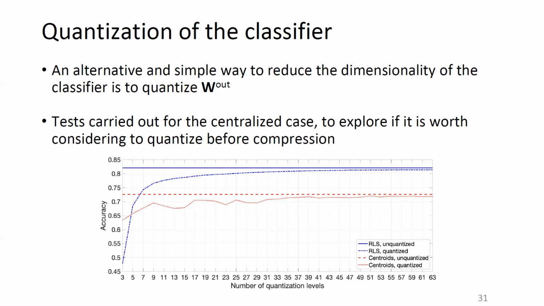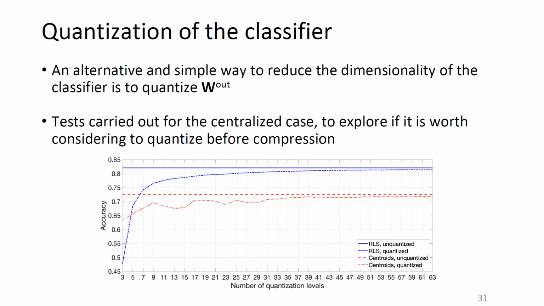In this figure, we present the average accuracy of the RLS, which is the dash-dot line, and the centroids, which is the dotted line, and the uncompressed classifiers on the data sets against the number of quantization levels. The accuracy is on the y-axis and the number of quantization levels is on the x-axis.